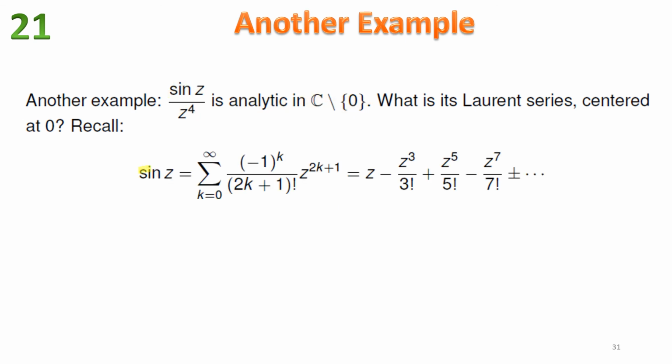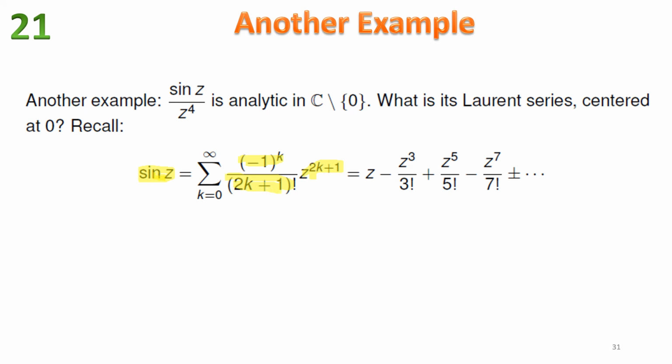Here we recall the sine z series, and we have already done this. Sine of z is equal to the sum of minus 1 to the power k into z to the power 2k plus 1, divided by 2k plus 1 factorial.